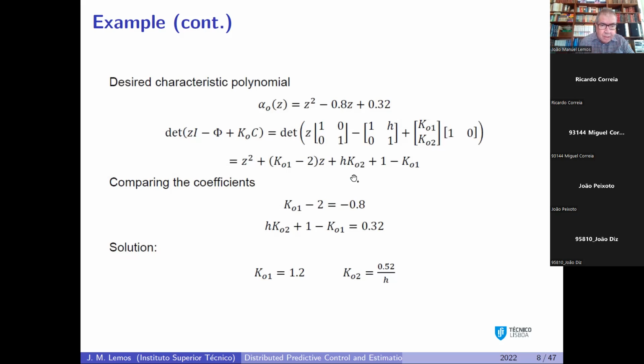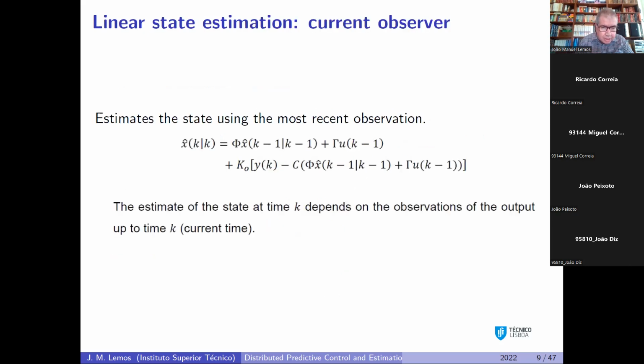And then I have, this is a constant, K02 plus 1 minus K01, that's 0.32. And I get a different equation. If I solve these two equations, I get the values of K01 and K02. Now, there is software in MATLAB for designing these gains. I will not speak about it here.